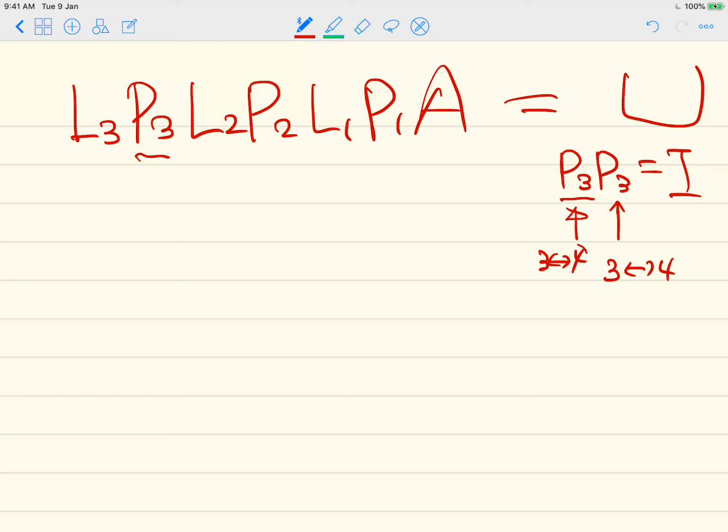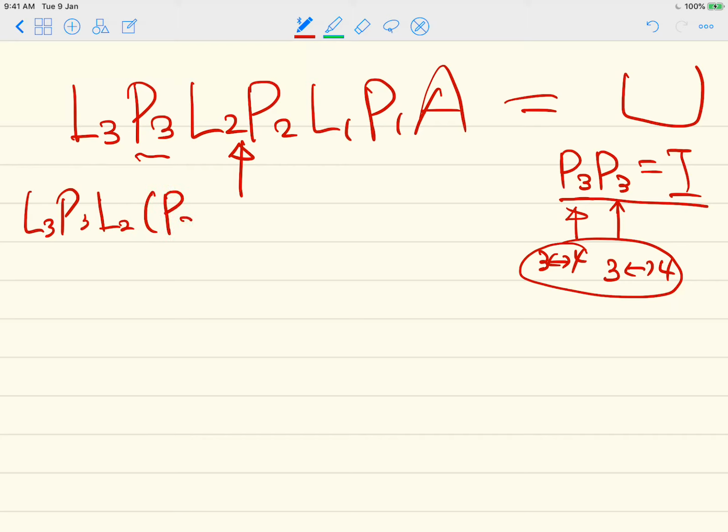Then it will have no effect, and thus it will be the identity matrix, right? So we can put this identity matrix over here. So L3, P3, and L2, and P3, and P3, and P2, L1, P1, A.